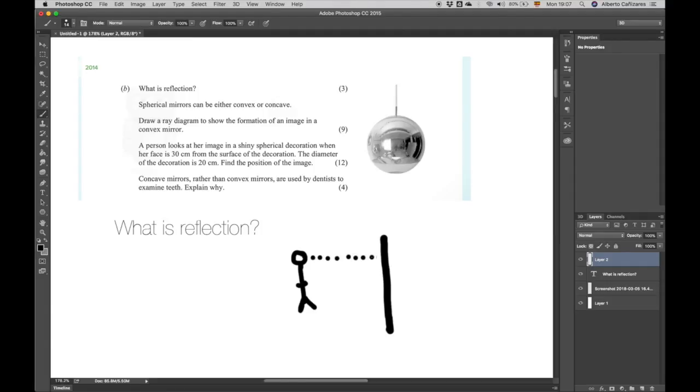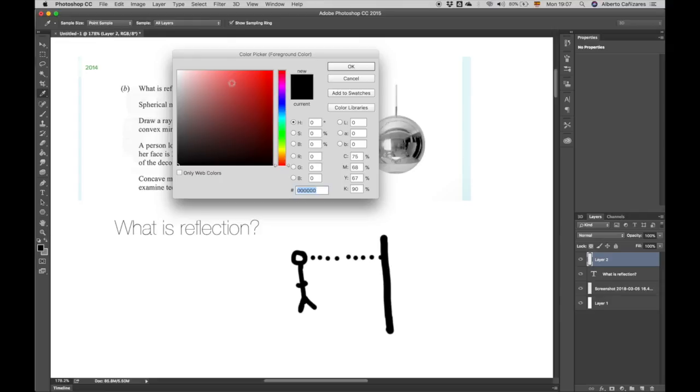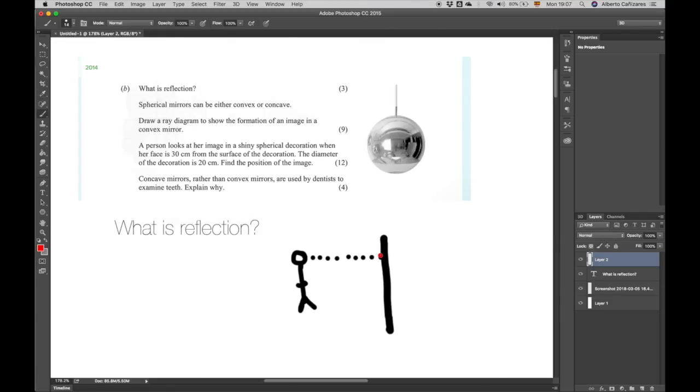right? They're traveling in a straight line. They hit the mirror, okay, and then they're going to bounce back. They're going to bounce back in the same direction, right? Just like if you get a tennis ball and you throw it against the wall, it's going to go back towards you, right?